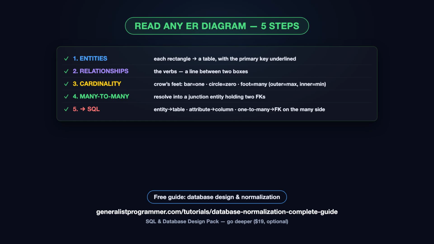Cardinality is the crow's foot notation on those lines, a bar for 1, a circle for 0 or optional, a crow's foot for many. Read the outer symbol for the maximum and the inner symbol for the minimum. A many-to-many always resolves into a junction entity holding two foreign keys. And the finished diagram maps mechanically to SQL: entities become tables, attributes become columns, and every one-to-many becomes a foreign key on the many side.